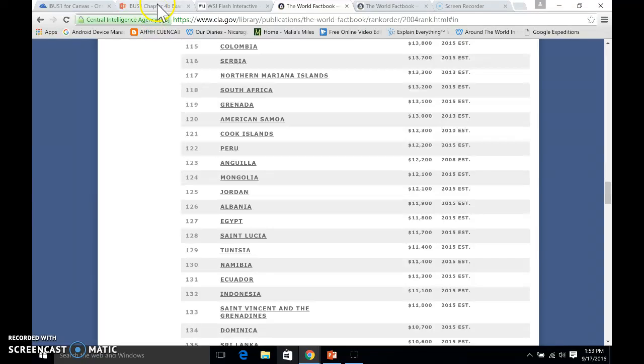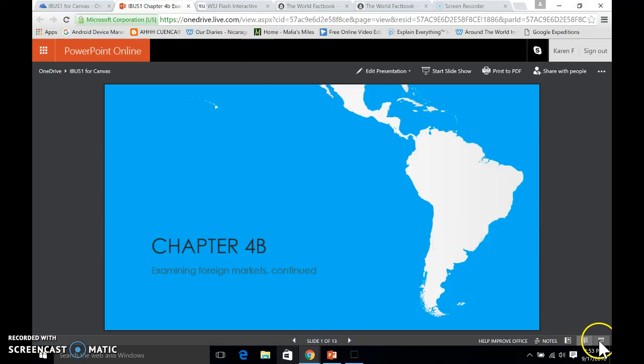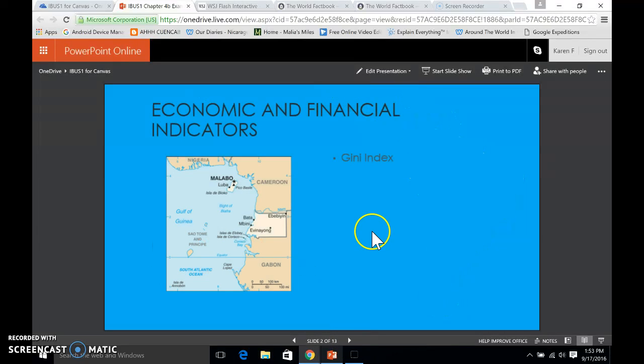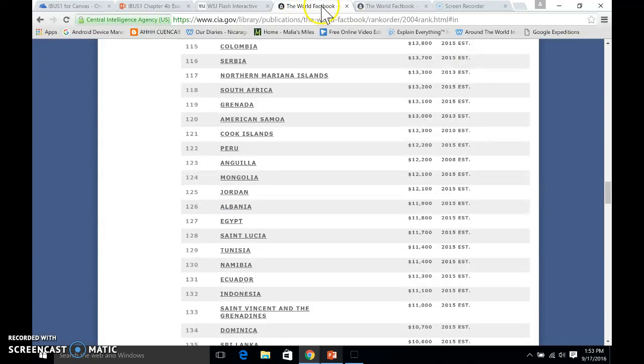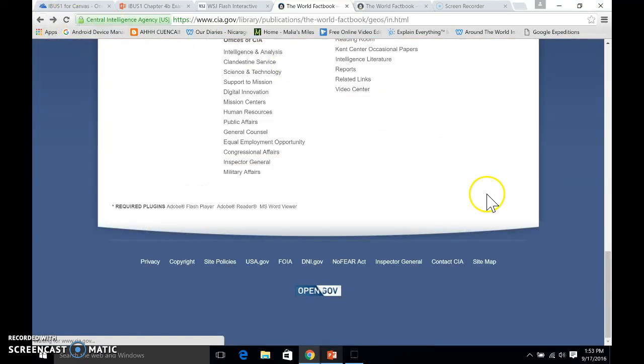So in terms of the economic analysis, we don't want to stop with just looking at GDP, GDP per capita, inflation. There are other figures that are also very important. For instance, I would encourage you to look at unemployment rates.